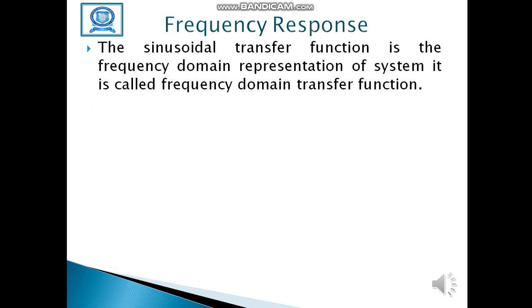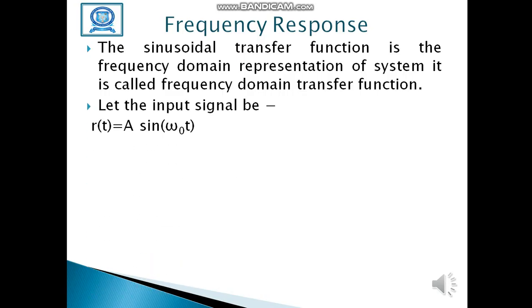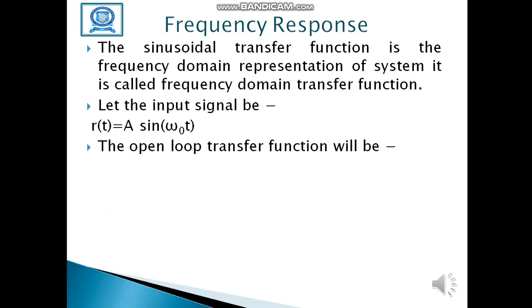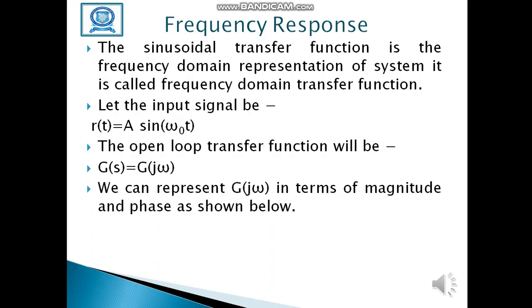The sinusoidal transfer function is the frequency domain representation of the system. It is called frequency domain transfer function. Let us consider the input signal r(t) = A sin(ω₀t). Here A is the magnitude and ω₀ is the frequency.